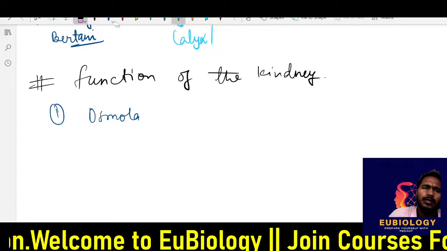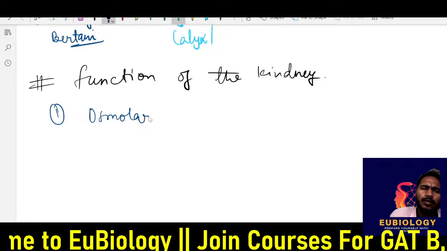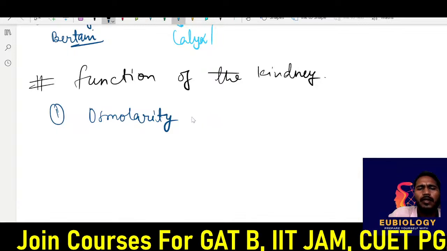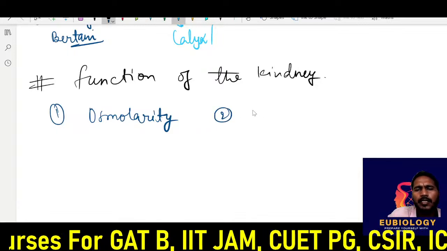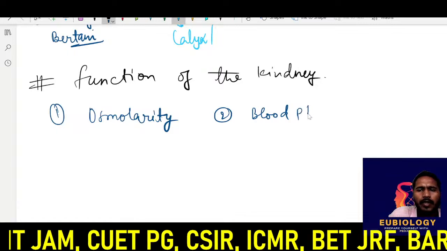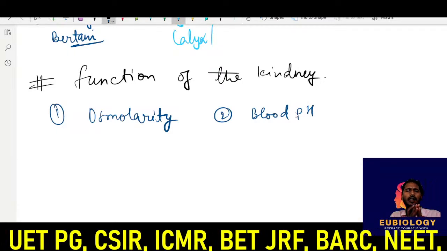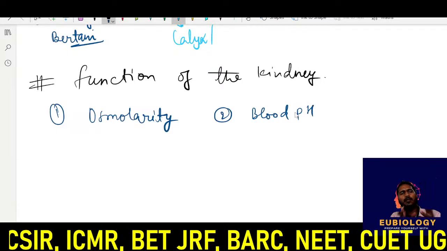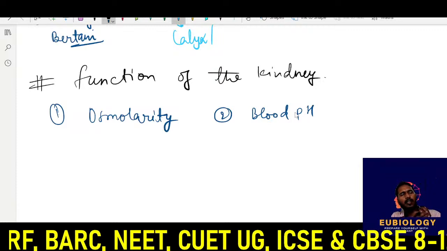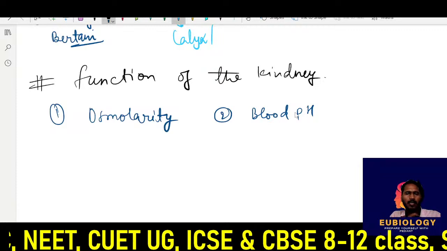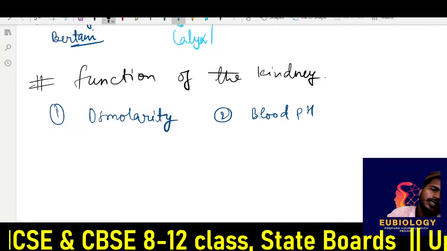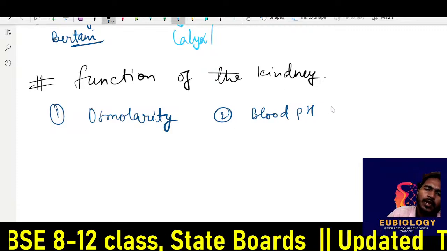It will balance our osmolarity. If I am saying osmolarity, it will consider all the electrolytes and the water content in our body. It will be maintained by the kidney. Okay, how much salt is required, how much water is required in the body, and that adjustment will be done by this kidney only.